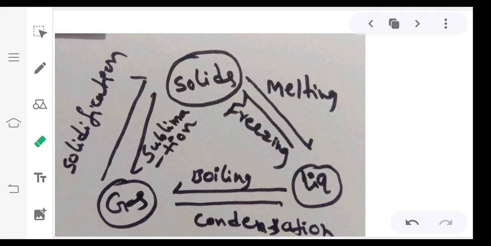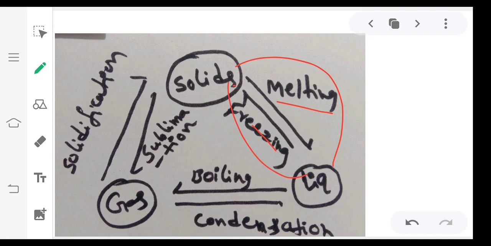If you increase the temperature more than 0 degree Celsius, what will happen? Ice starts converting into water, that is, solid converts into liquid. This process is called melting. Liquid converting into solid is called the freezing process.